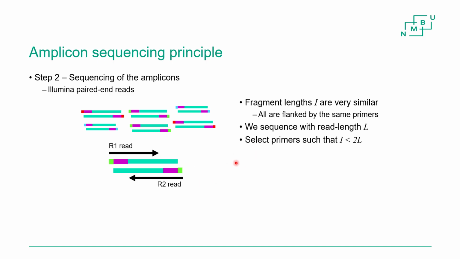Here it's opposite. We want them to overlap. So you should not have long fragments. Amplicons should be fairly short. But again, remember, if you do nanopore sequencing, long reads, you can have long amplicons. So overlapping reads is something we always want if we have paired-end reads.